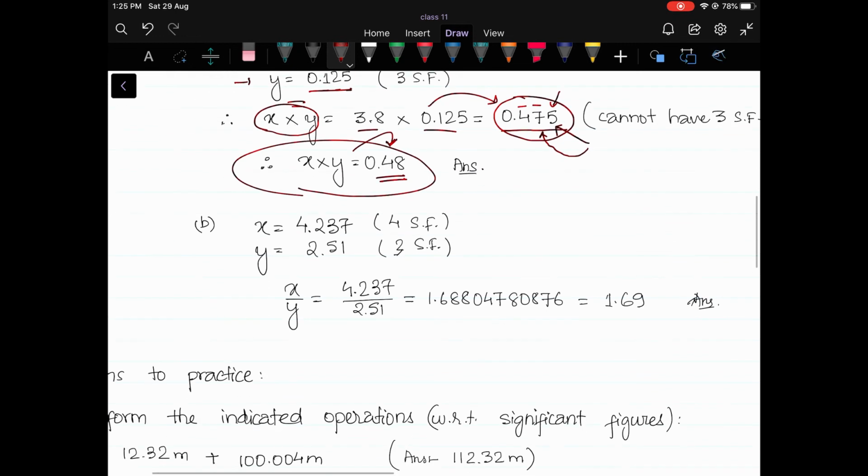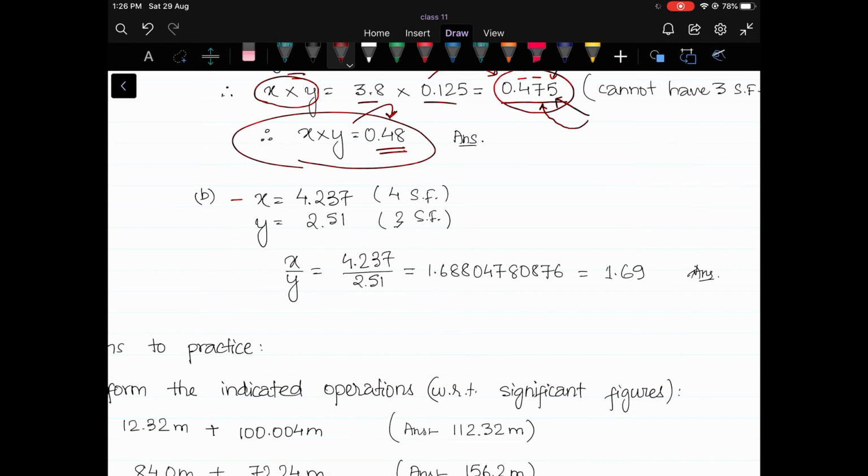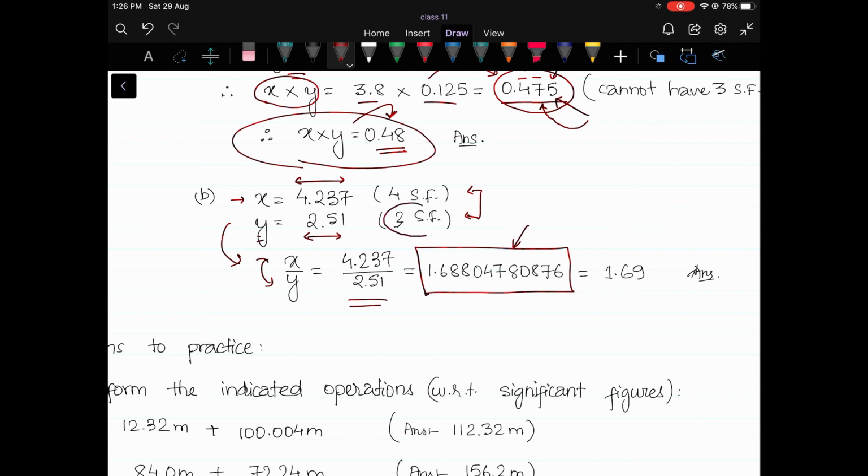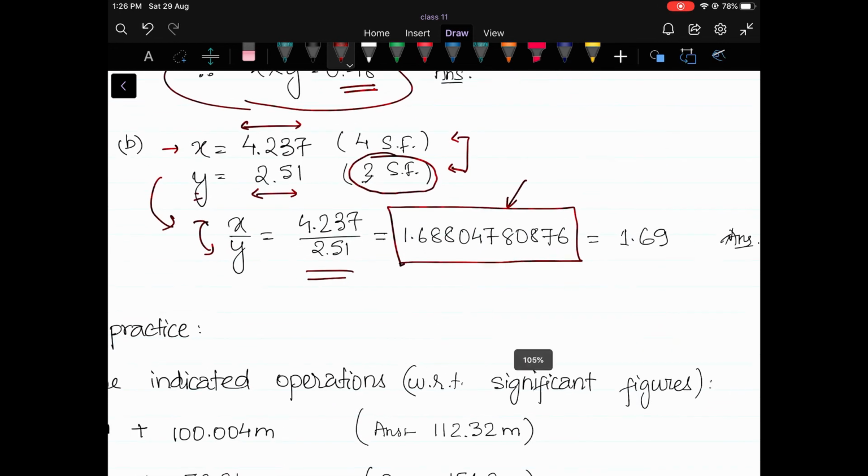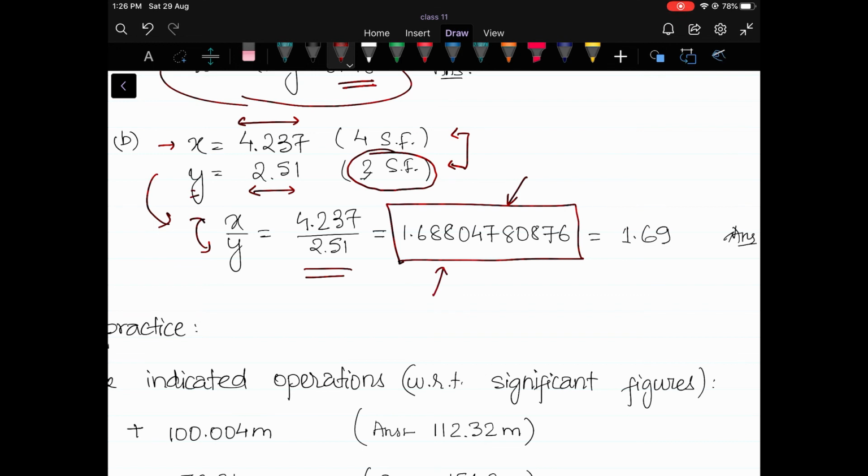Suppose we have another example where we have x with 4 significant figures and y with 3 significant figures, and we are dividing these 2 numbers. When we divide, you can see we get such a big number, but the rule says in multiplication or division, the final answer should contain the least of the significant figures taken from the original numbers. Here we have 3 significant figures as the least, so our final answer also should have 3 significant figures.